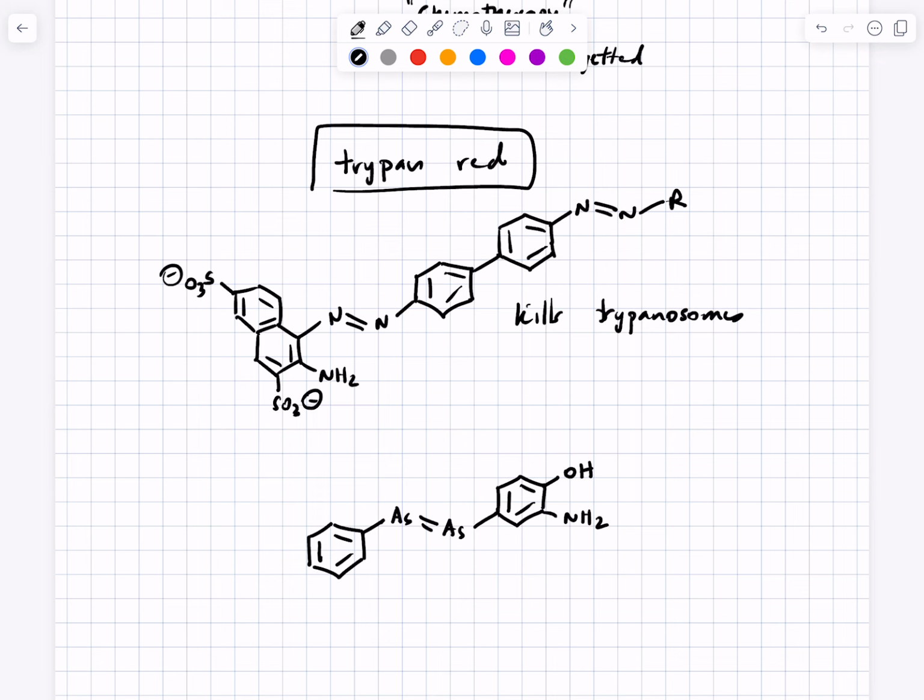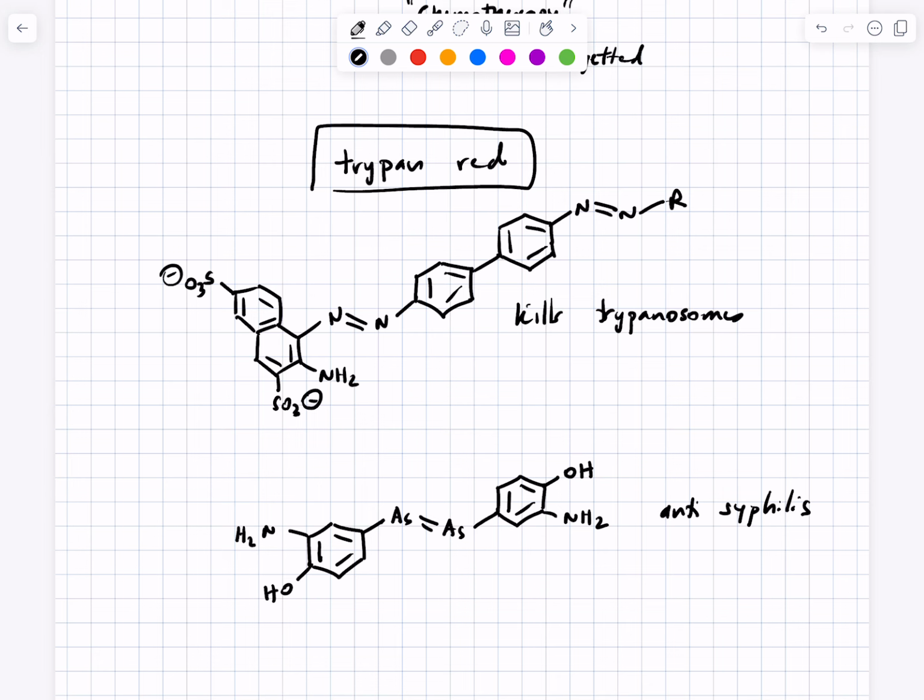So this is an arsenic molecule, but it's similar to the diazo molecules I was talking about. And this one is an anti-syphilitic drug. It's anti-syphilis. And it was obtained just by screening all kinds of new dyes and molecules they had been developing.